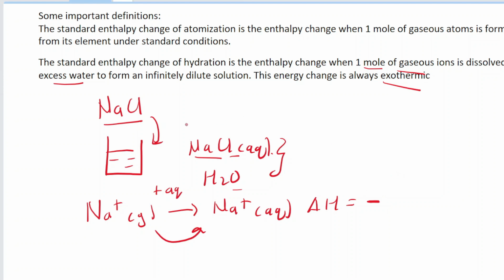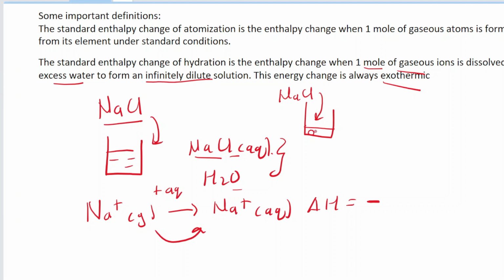Now, one more thing before we finish this: what does an infinitely dilute solution mean and why do they write this? This was something I used to have trouble with when I was studying this. The reason is that if you don't have a dilute solution and you have a concentrated solution, let's say this is your water and you keep the NaCl over here, the NaCl ions will be close together.